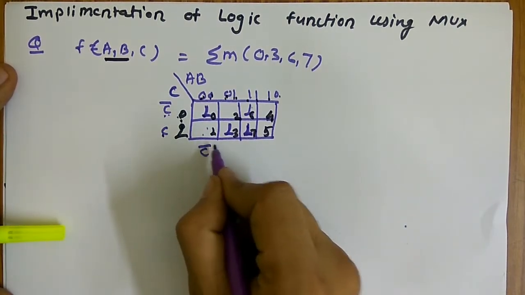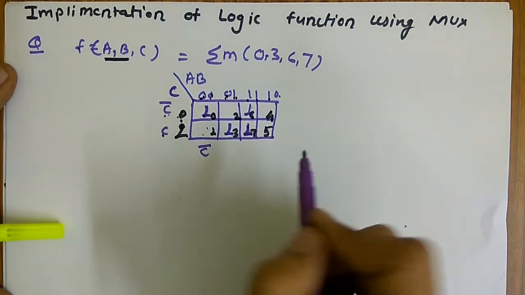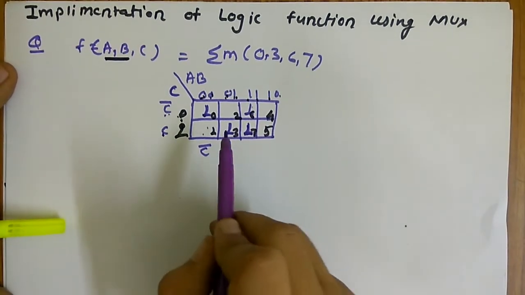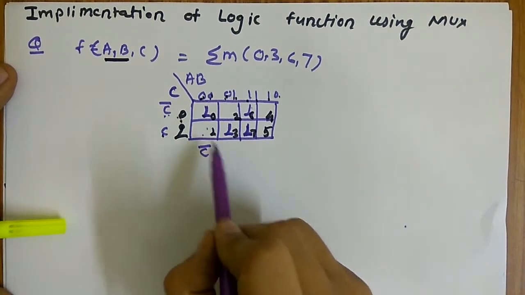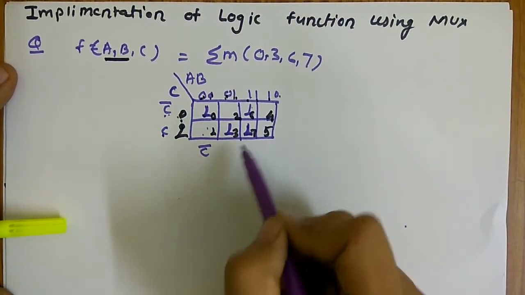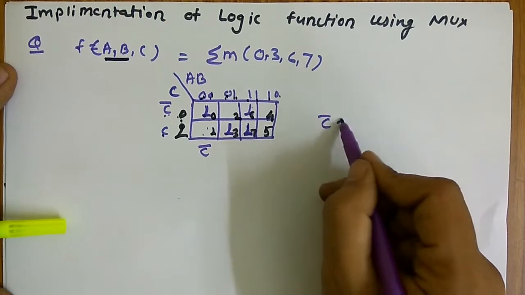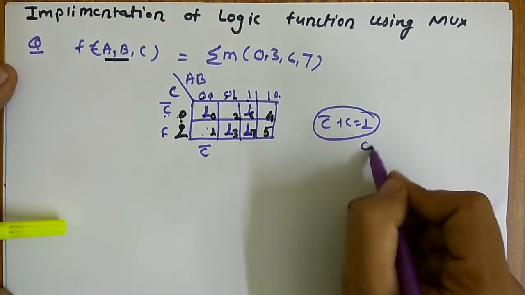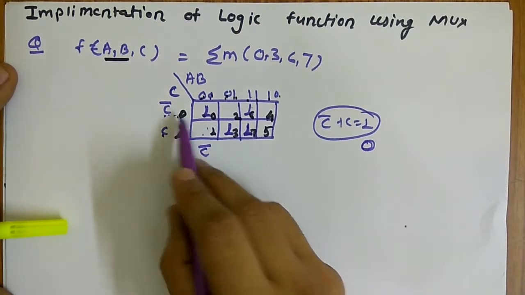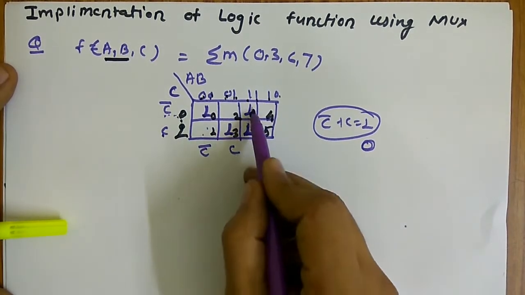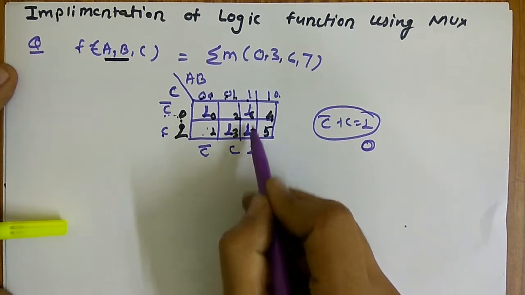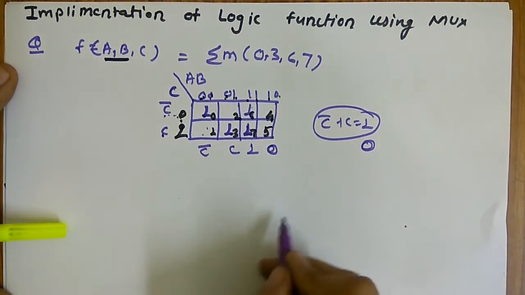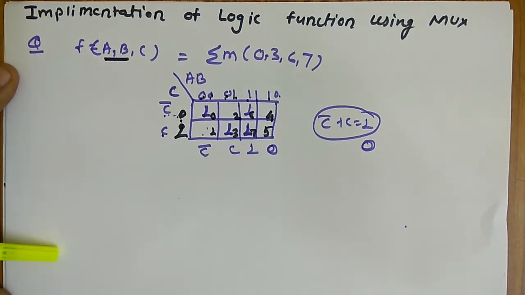This is the procedure, but just see which one is 1 right here. If both are 1, write 1, because we know that C bar plus C is equal to 1. If both are 0, then write 0. So here C bar is 1, here C is 1, here 1 because both are 1, and here this will be 0. You have to implement this into the MUX.